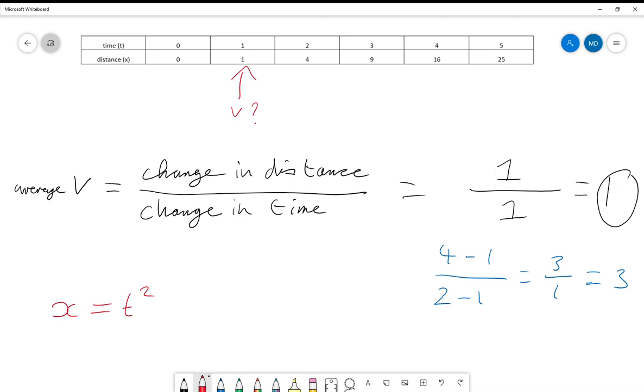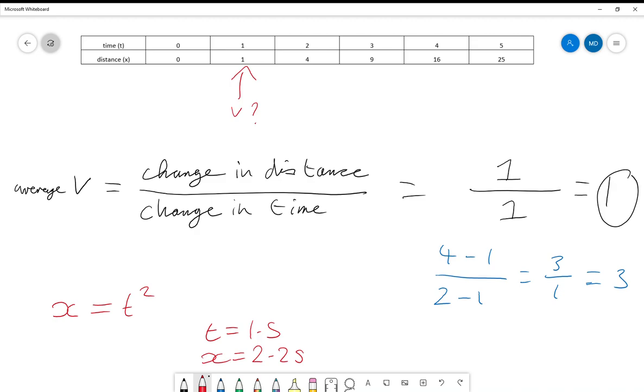And this is quite valuable because now, even though we're only taking measurements at 6 points, we could say we're fairly sure that when our time is equal to 1.5, then the distance travelled will be equal to 2.25. And we can be fairly sure of that because 1.5 squared is 2.25.